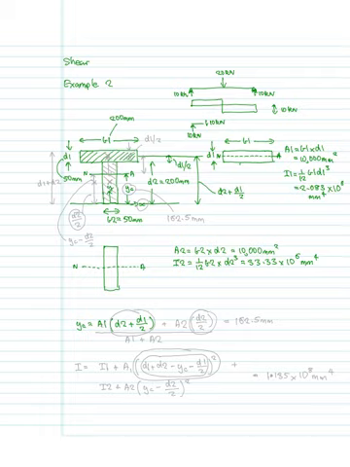So the first moment is going to be A1, the area, multiplied by D2, which is the whole distance up plus half of D1 over 2, and that of course recognizes that the centroid of that section lies there. Now let's do the second bit. So that's going to be the area 2, our second area.